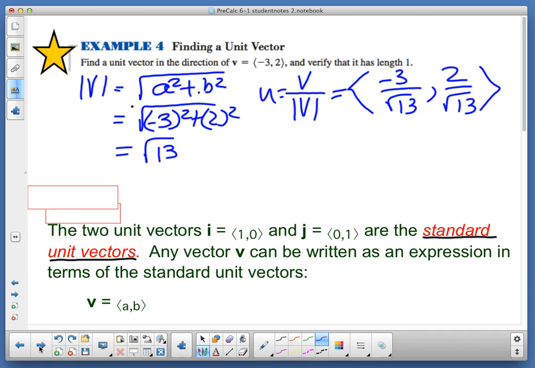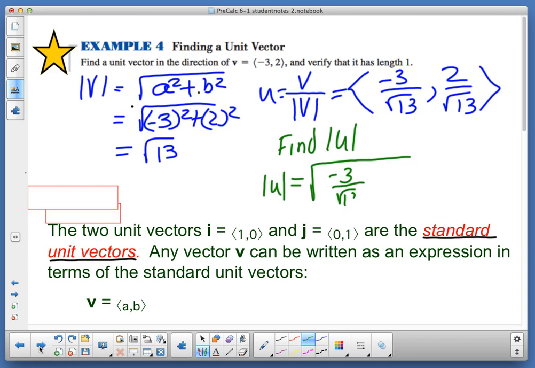Now, how can I show or verify the length is 1? You've got to keep in mind, I have a horizontal and vertical component. The horizontal and vertical react together as a 90-degree angle. So I need to find the magnitude in my unit vector, which means I'm going to square negative 3 over square root of 13, squared, plus 2 over square root of 13, squared.